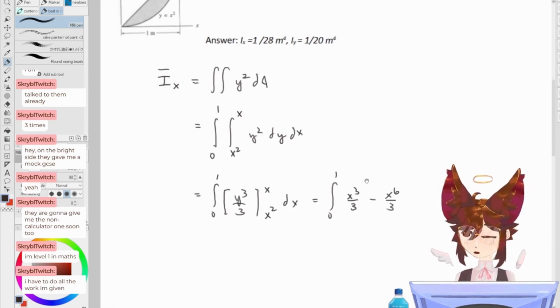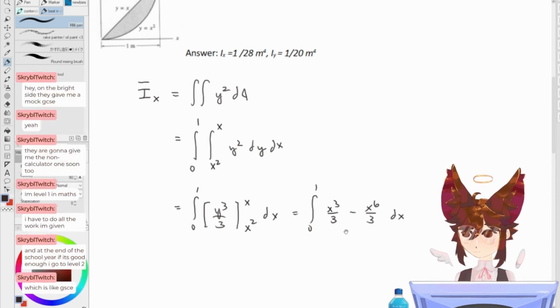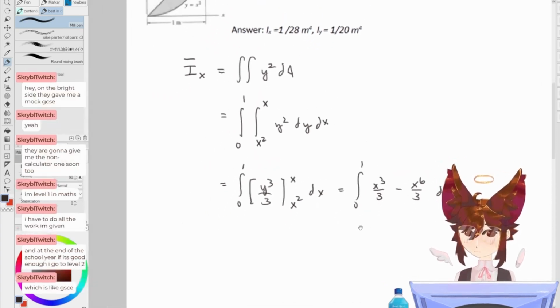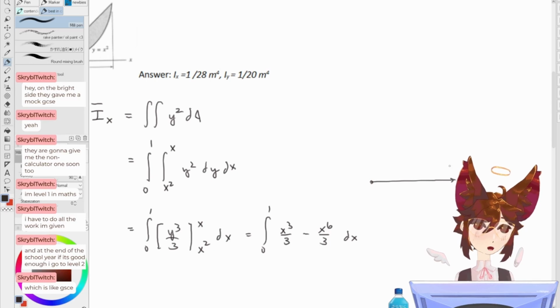You're level 1 in math. I have to do all the work I'm given. And if you're good enough, you go to level 2. So, is level 1 like a track that's 1 and then a track that's like a head that's 2?